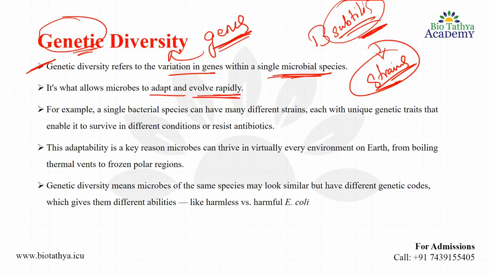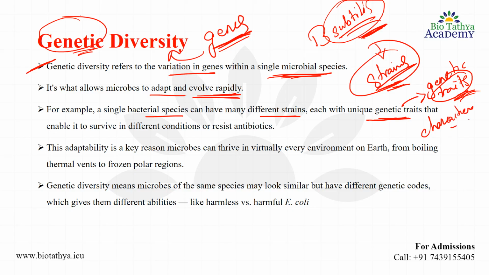It can evolve rapidly. For example, here they have given an example that a bacterial species can have many different strains, each with unique genetic traits. They have particular genetic characteristic features. Now, if you tell me, ma'am, I'm confused about the term traits. What is a trait? I'm just giving you a basic example. Traits are basic characters. Like if I tell you eye color, that is a trait.